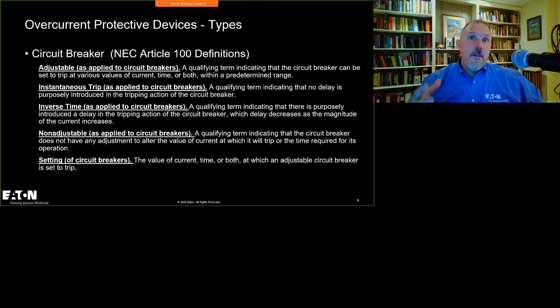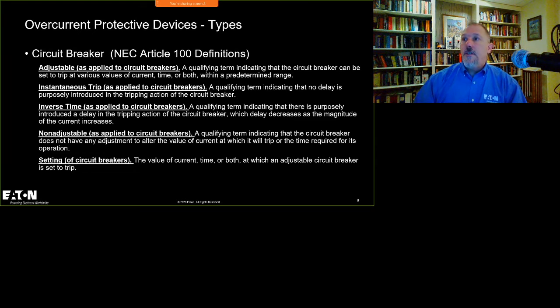That's an important fundamental principle to think about because if I have arcing currents that are lower, they'll be in the longer clearing time, and that will cause higher incident energy. So inverse time is very critical, and we're going to talk about that as we look at time current characteristic curves.